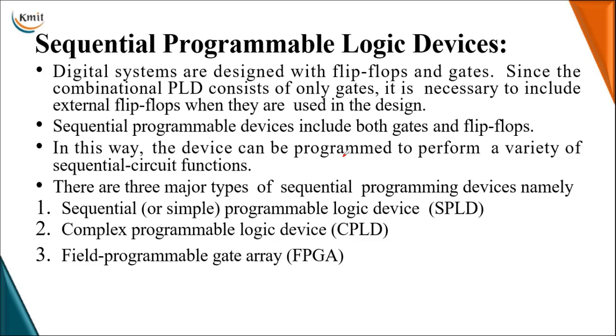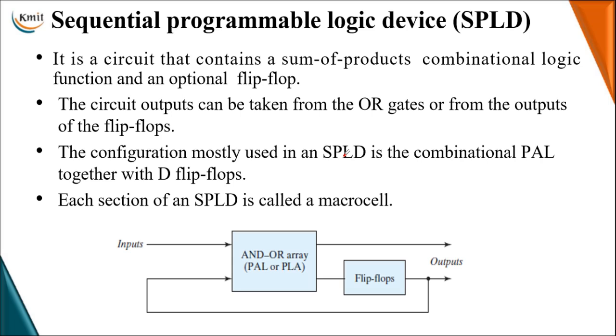In a sequential programmable logic device, we use D flip-flops. These are edge triggered D flip-flops, controlled by the clock signal. For the AND-OR array, we can use either a programmable array logic (combinational PLD) or a programmable logic array.